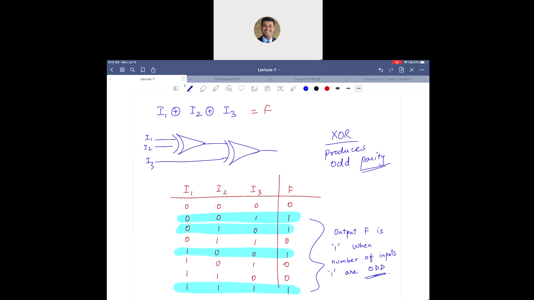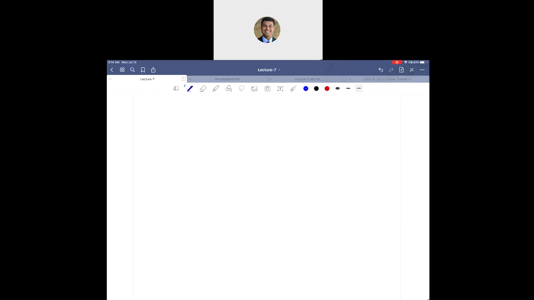Parity is one bit that indicates whether the number of ones in a sequence are odd or even. And if exclusive OR produces odd parity, that essentially means that I will have one parity bit to indicate that the number of ones in a bit sequence are odd. So let us try to do that with an example. Say I have a bit sequence. I'm just going to make up 1 0 1 1 0 1 1 0.